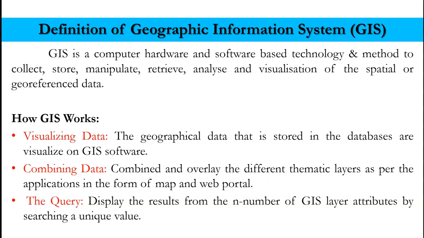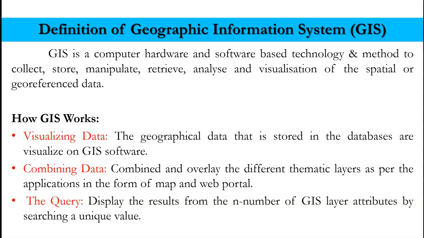So the basic definition of GIS is a computer hardware and software based technology and method to collect, store, keep in mind these words, to collect, store, manipulate, retrieve, analyze, and visualize the spatial or georeferenced data. Spatial or georeferenced are both the same because both are representing the Earth surface. This term we are going to discuss, don't worry.